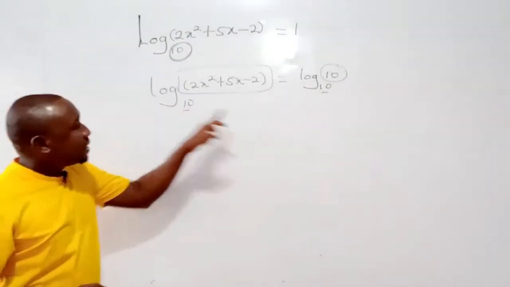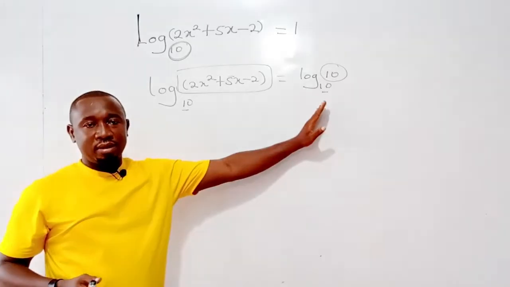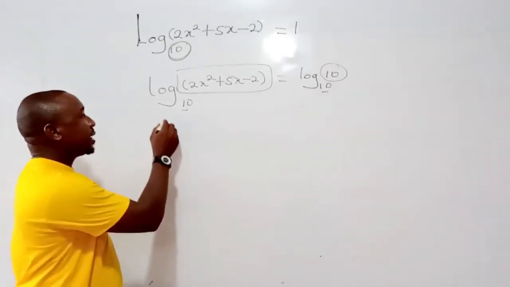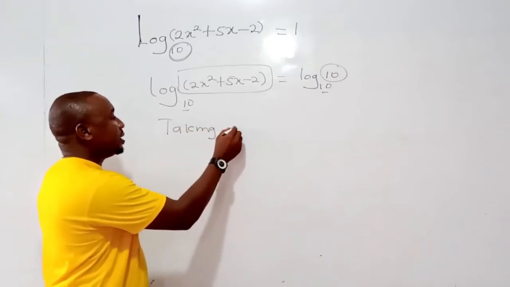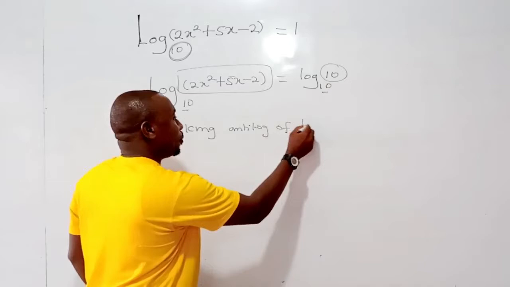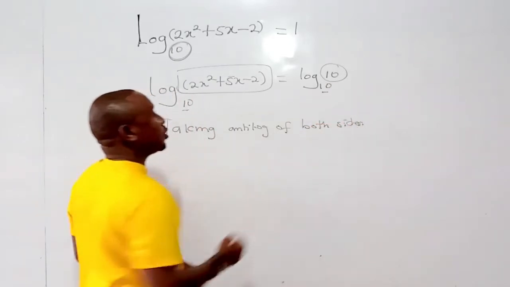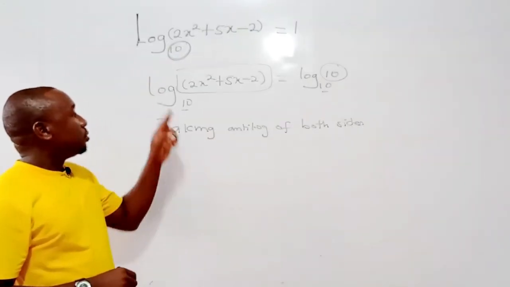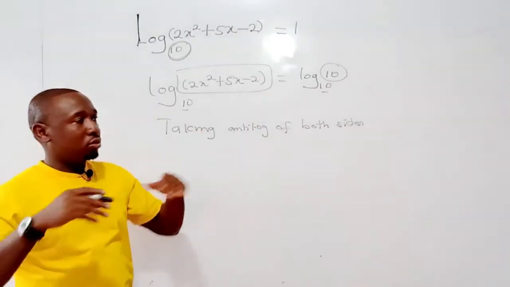Since the bases are the same at the left hand side and also the right hand side, it means we can take antilog of both sides. So taking antilog of both sides, it means the log 10 and the log 10 here will cancel out. It will vanish.